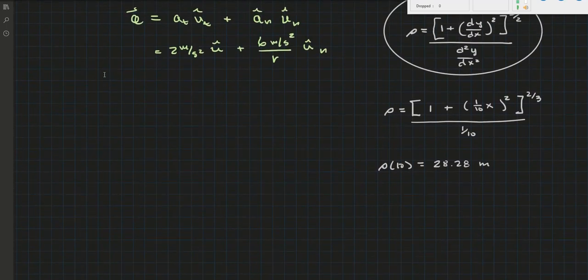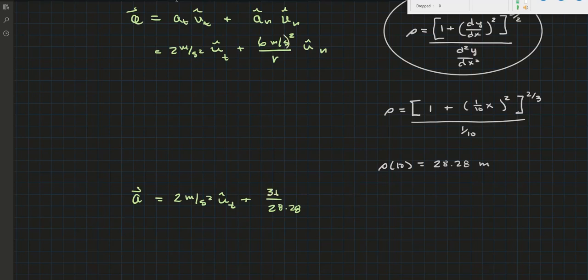Which means we can now go and solve for a. And we've got 2 meters per second squared in the tangential direction, plus 6 over 28.28. This is actually going to be 36 because it's v squared.